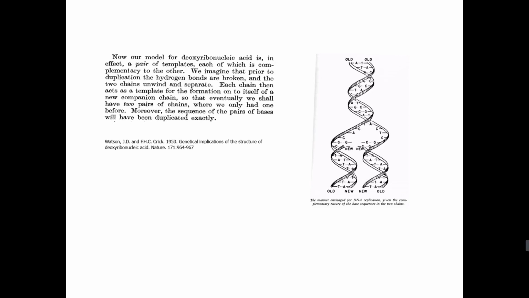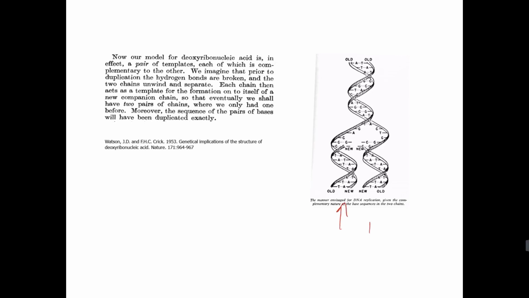And they managed to figure out, just by looking at this, that you could see how this might serve as a means of duplicating itself. So we have this image prior to the duplication. The hydrogen bonds are broken, the chains unwind and separate, and then each chain is a template for synthesis of a new daughter chain, and that's what's diagrammed here.